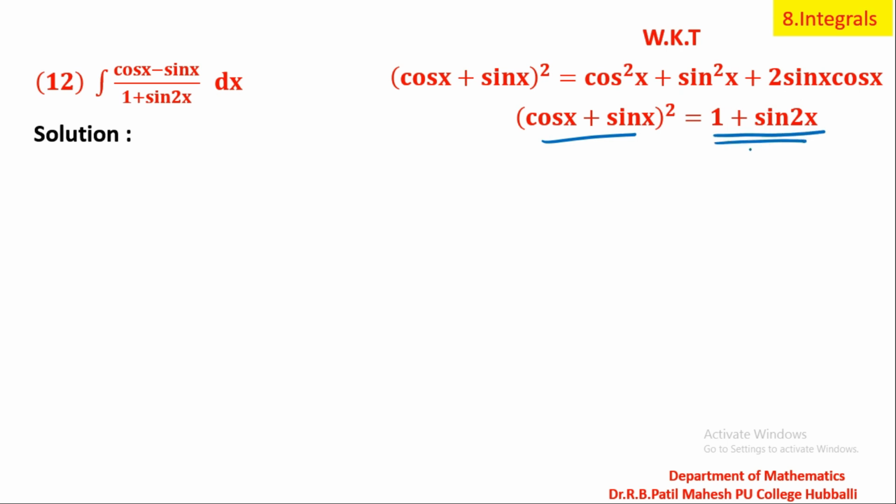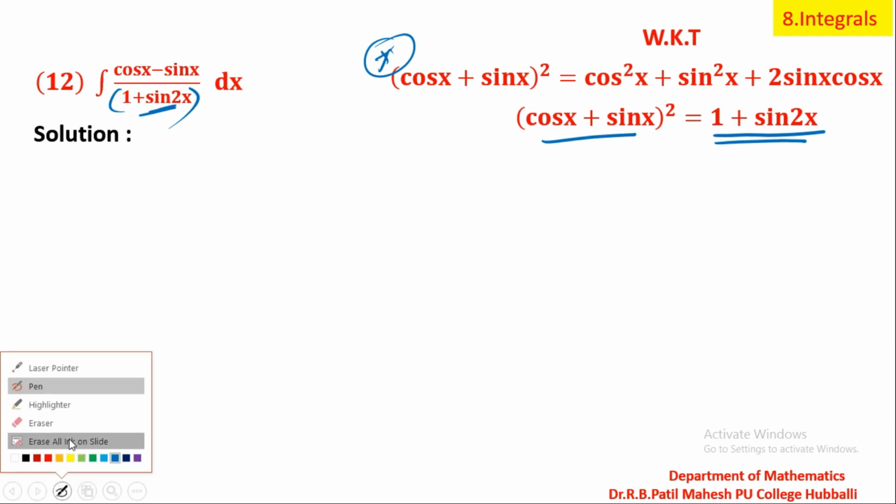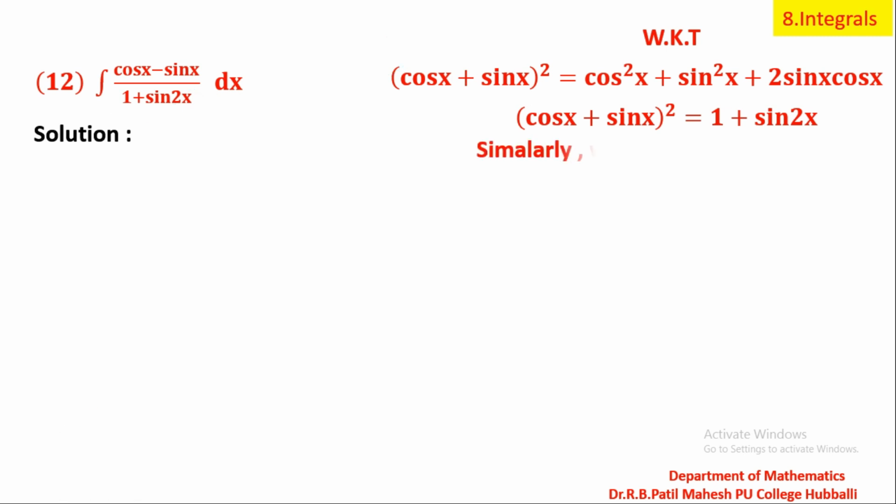Hope you are understanding the reason why I am taking this formula. In the given problem of integration, we have 1 plus sin 2x. To replace this, I recalled cos x plus sin x the whole square. Not only this one, similarly, cos x minus sin x the whole square is equal to 1 minus sin 2x, if you apply the a minus b the whole square formula and use the sin square x plus cos square x result.